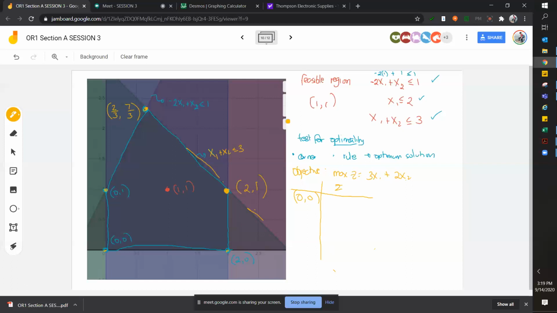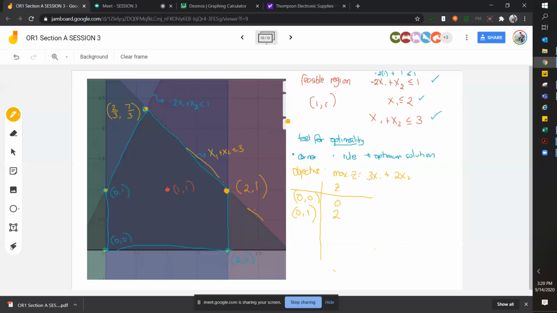And then, ito yung Z natin. So, syempre, substitute mo lang naman 0, 0. If x1 is 0, x2 is 0, anong Z? We have 0. Next, 0 and 1. If x is 0, substitute 2, anong value ng Z? Guys, 2.